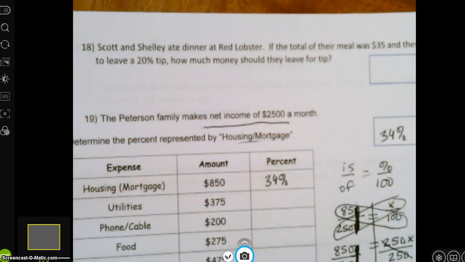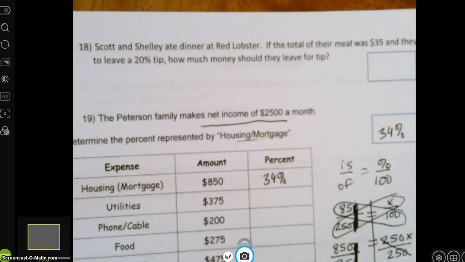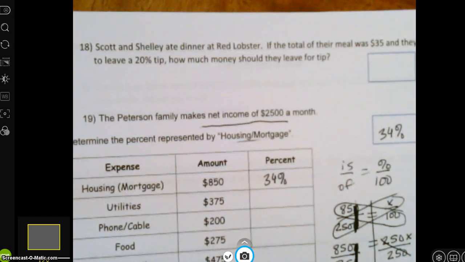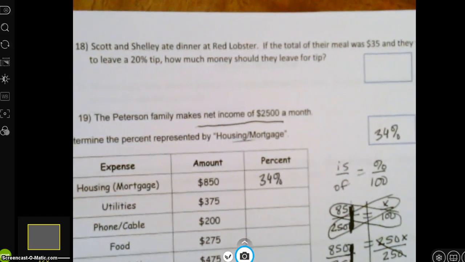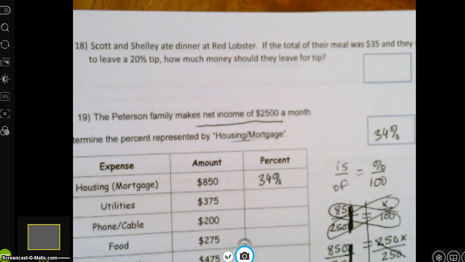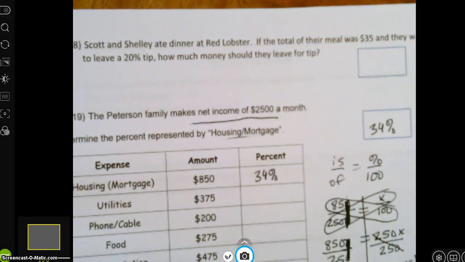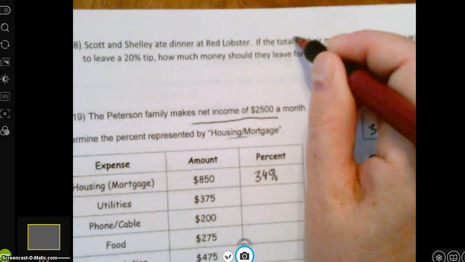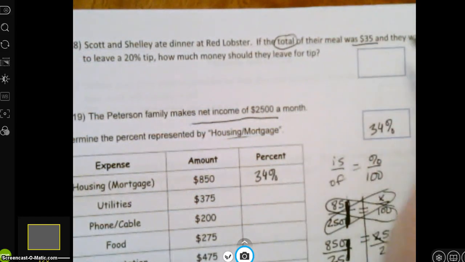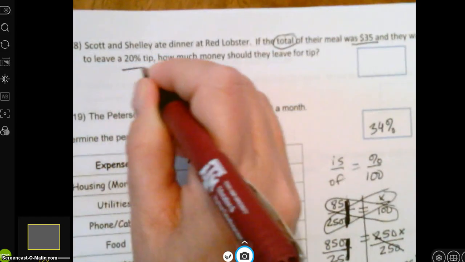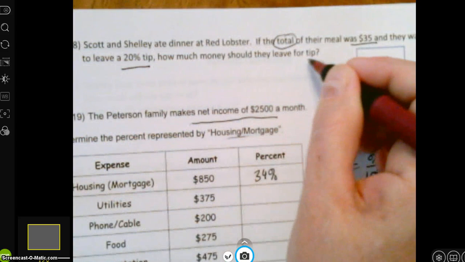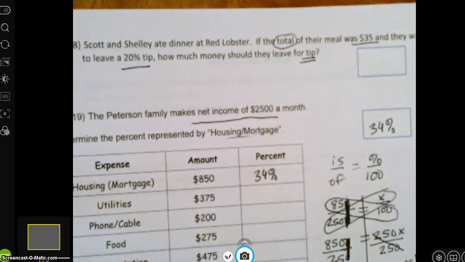So I'm going to start one last problem for you, and then I'm going to let you finish this up. I will attach the key so you can practice problems from the other page and make sure you get that completed, okay? So this says, Scott and Shelley ate dinner at Red Lobster. If the total of their meal was $35 and they went to leave a 20% tip, how much money should they leave for tip? So we're looking for the money that they leave for tip, okay?